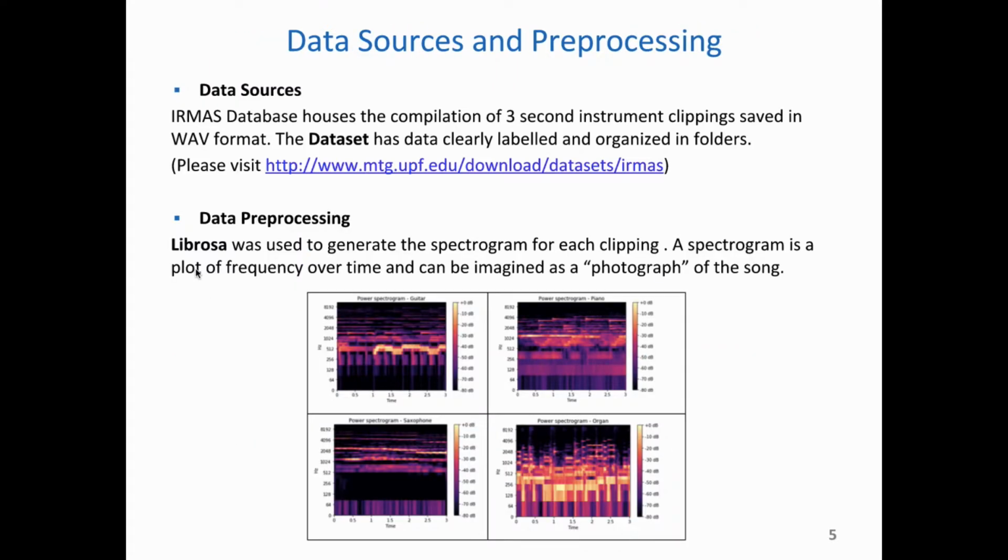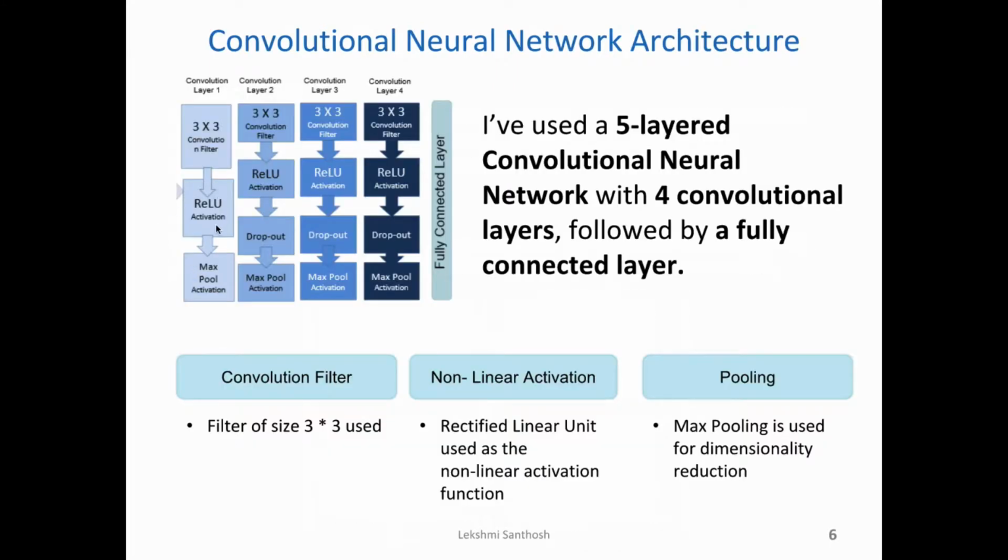So by adding this nonlinear function in here, we account for the nonlinearity, and thereby we reduce the bias of the model. Max pooling was used to reduce the dimensionality, or to reduce the number of parameters that are being passed to the subsequent layers.